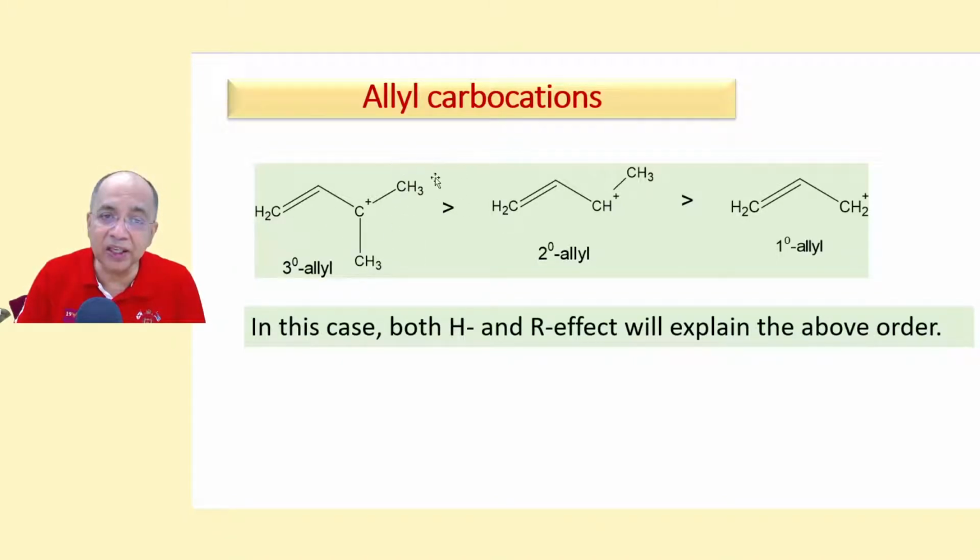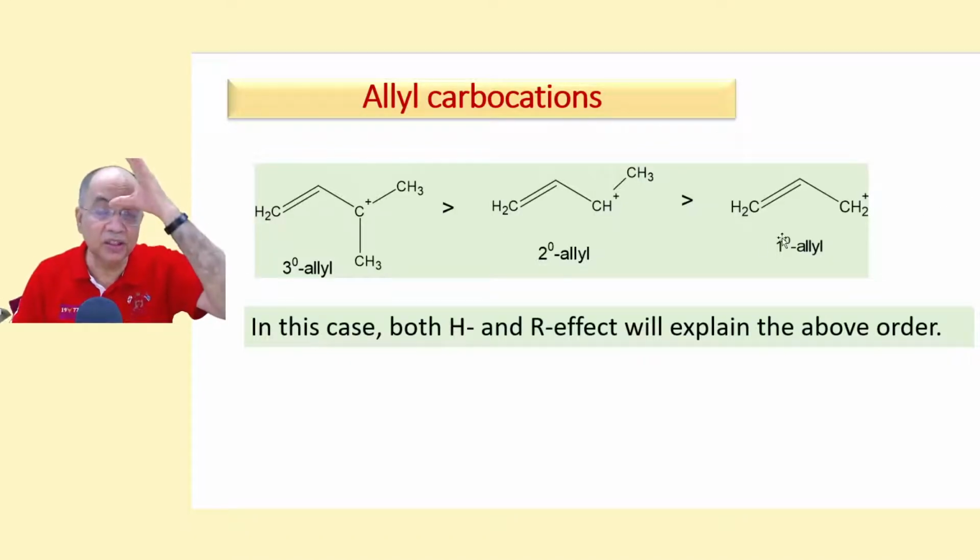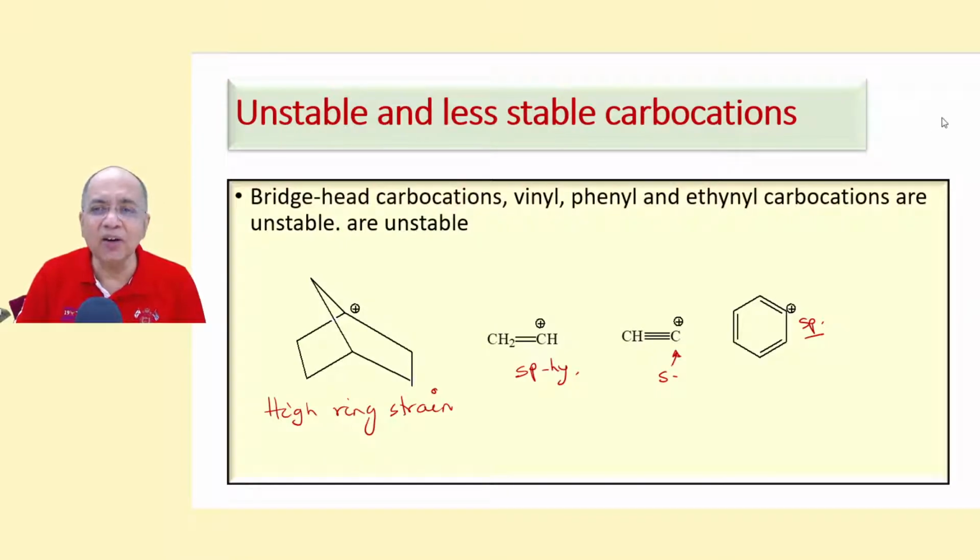Allyl but 3 degree. 3 plus 3, 6 alpha hydrogen atoms. This is 2 degree allyl and this is simply allyl. So both resonance, the common factor, and the hyperconjugation, there is no hyperconjugation here. So that makes 3 degree greater than 2 degree greater than 1 degree. Now coming to, I just identify which are really very, very less stable carbocations.